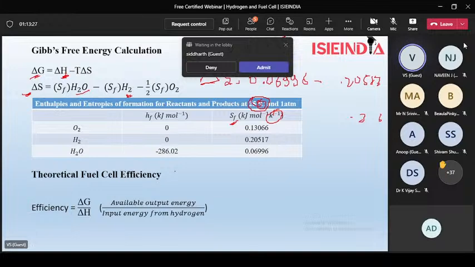So del G we will get is minus, the enthalpy was minus 286, and minus the T del S value, which was minus 48.80.